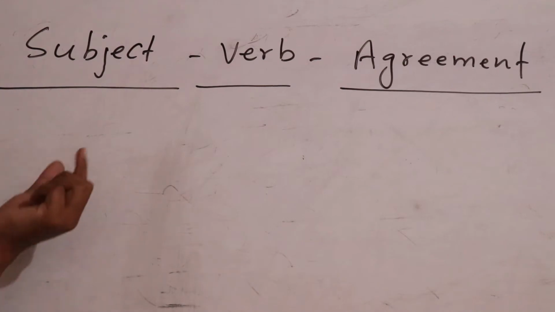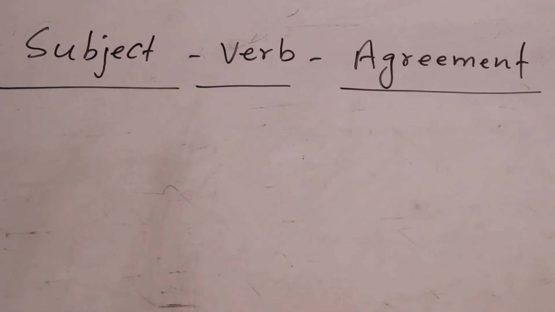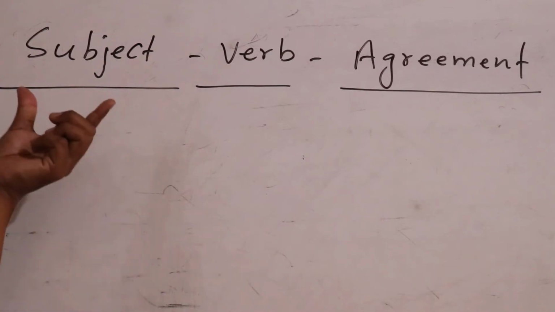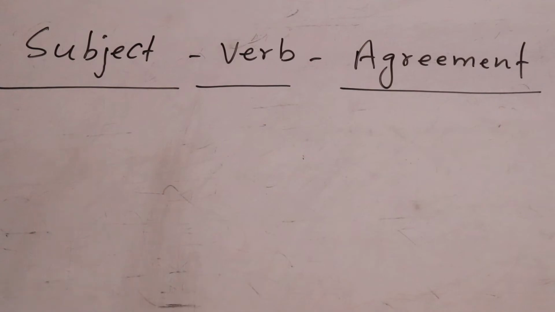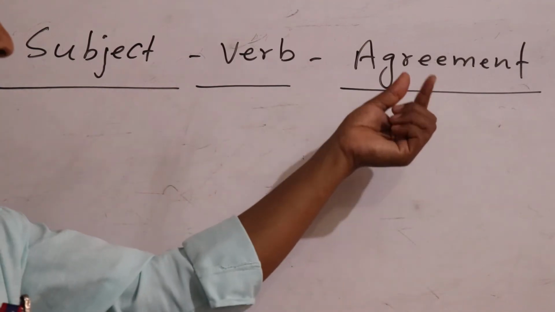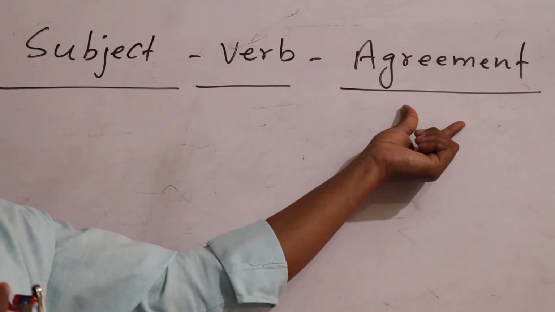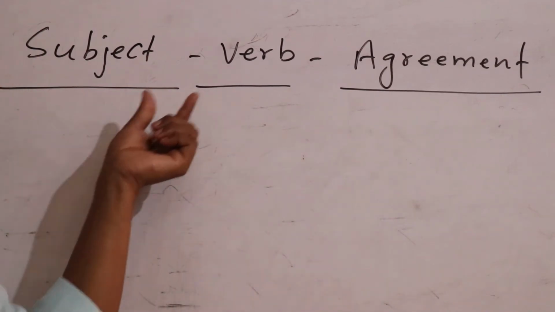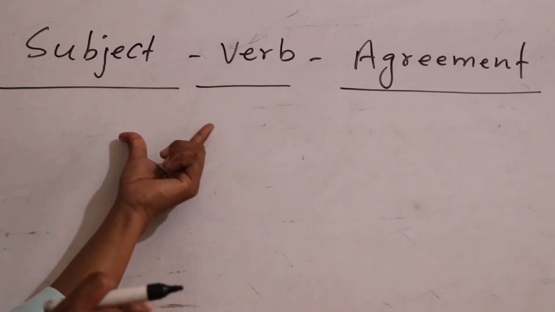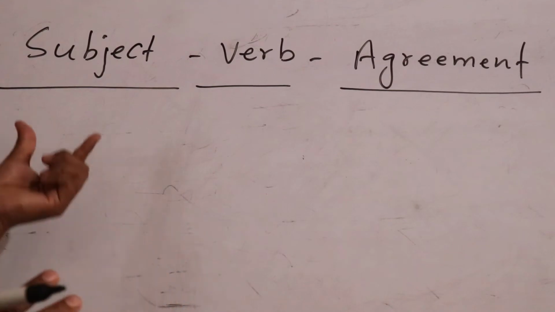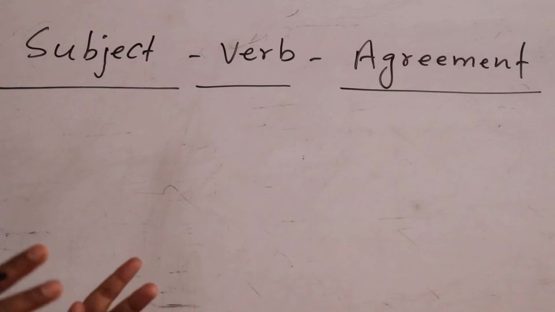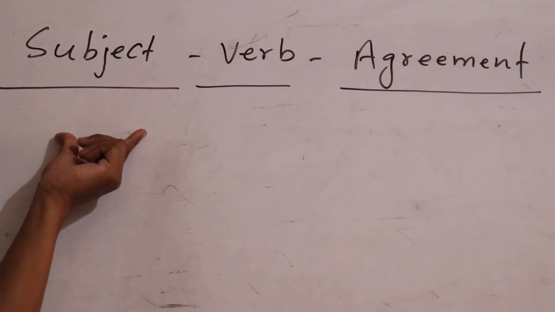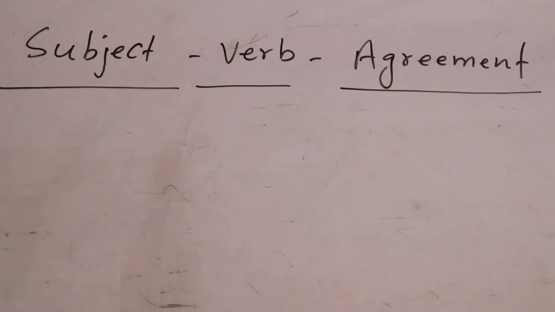What is actually subject verb and agreement then? Yes, we have to explore what is subject verb and agreement. Many of you are confused. What does the term agreement mean? You know subject, you know verb, but when these three terms come together, what meaning does it give?